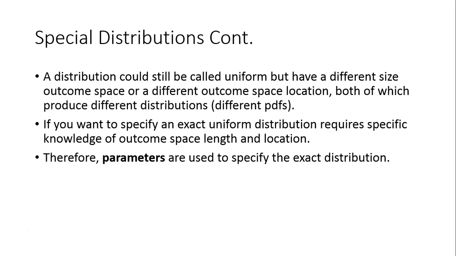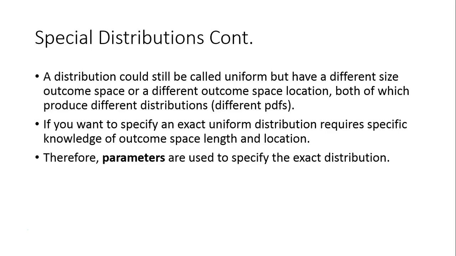But this is the family of distributions. For exact distributions, you have to specify, in particular for uniform, the beginning and ending points. If you tell me the beginning is 2 and the final one is 10, I can tell you it starts from 2 and ends at 10, it's uniform, so the height is 1/8 because the base is 8 units long. So I need to specify beginning and ending points, and these are called parameters.